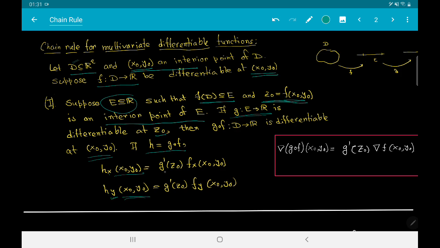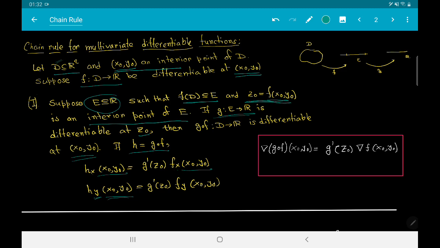These are given by very simple expressions, the first being g prime of z0 times fx, the partial derivative of f with respect to x at the point (x0, y0), and hy is simply given by g prime of z0 times fy(x0, y0).